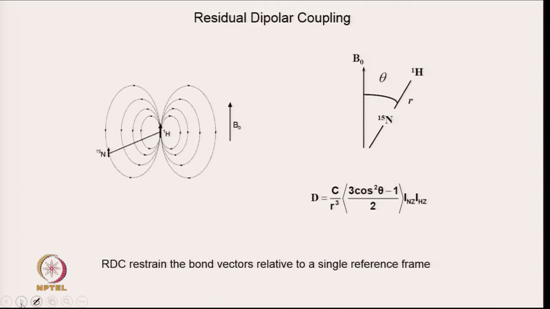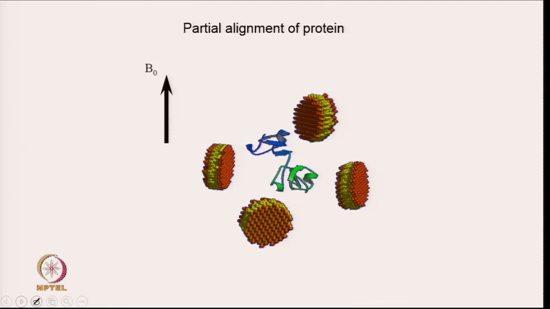The third constraint comes from residual dipolar coupling measurement, where dipolar coupling is basically dependent on theta, and theta is the angle of the NH vector with the external magnetic field. These angles can be used for the structure calculation.